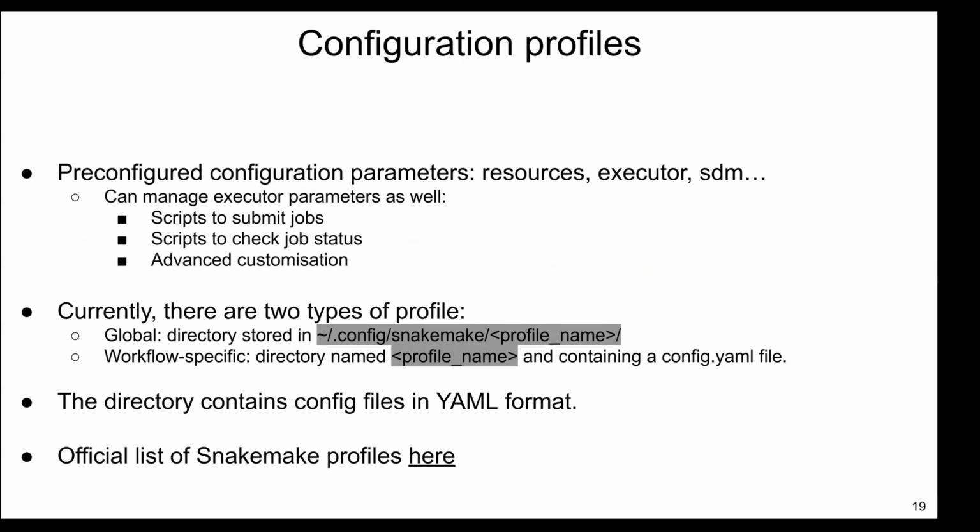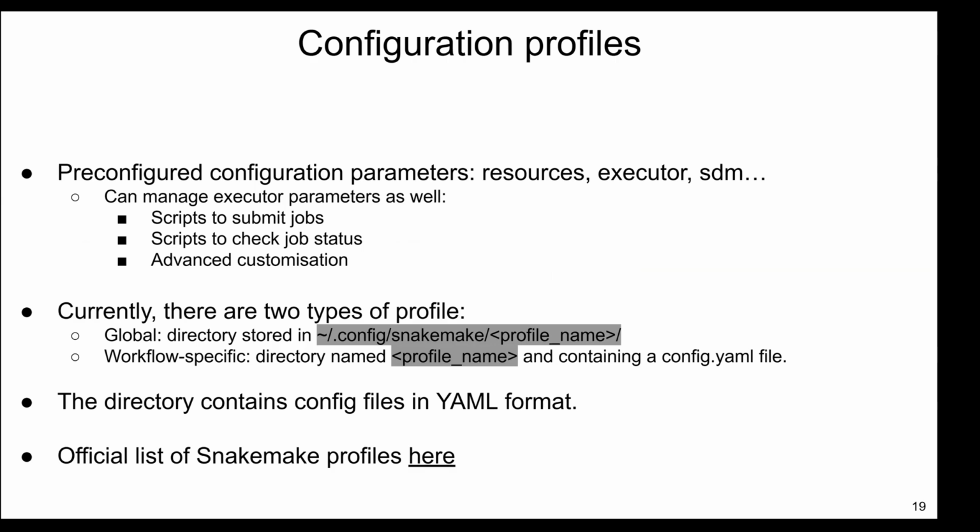The last thing I want to mention is configuration profiles. One way to make this whole HPC run easier is to use configuration profiles, which will contain pre-configured parameters, such as the resources, the executor, whether you need to use Apptainer or Conda to deploy environments.